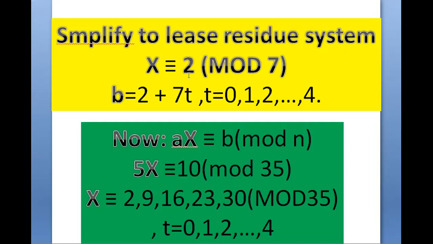So t is from 0, 1, 2, 3 until 4, so we got 5 solutions.